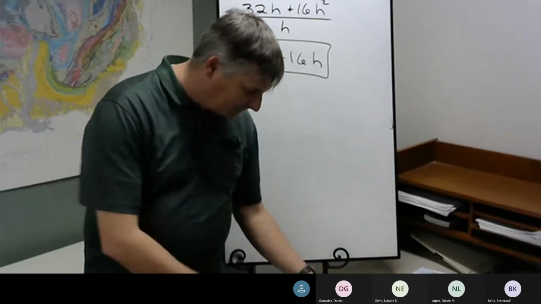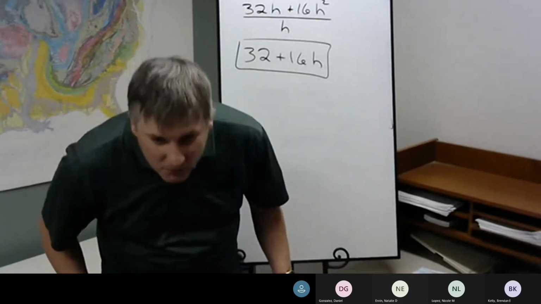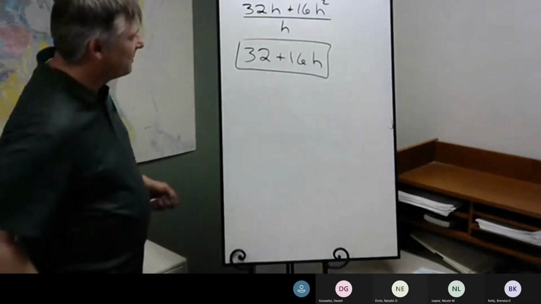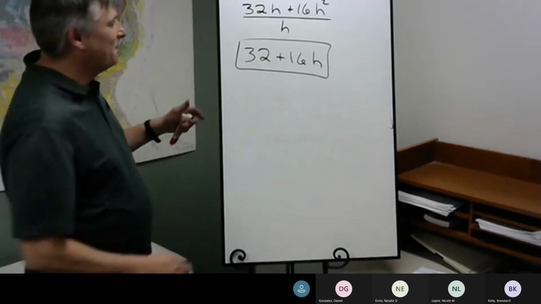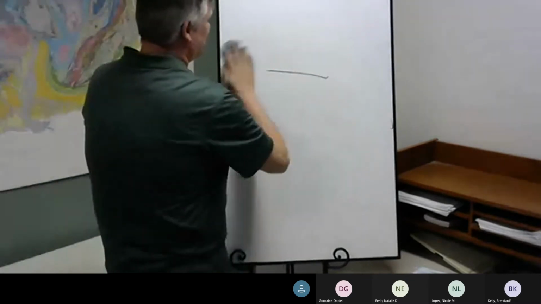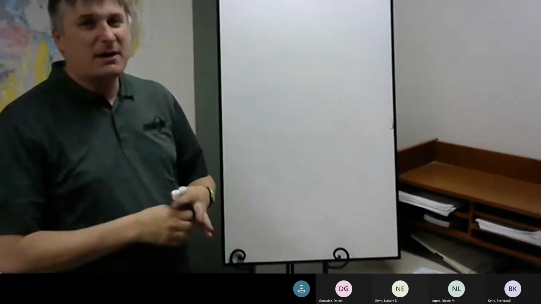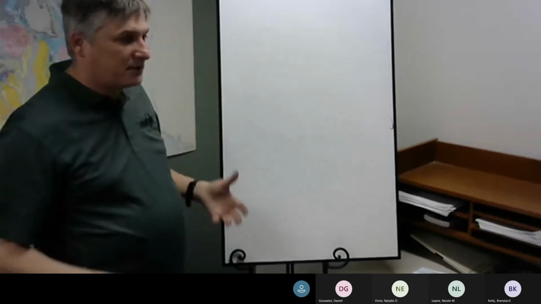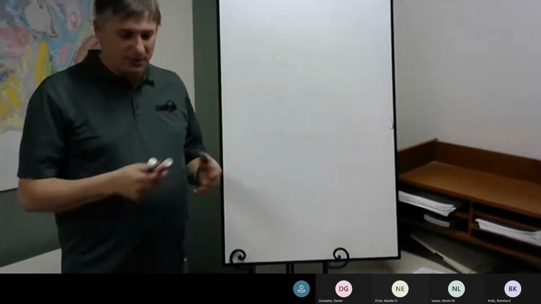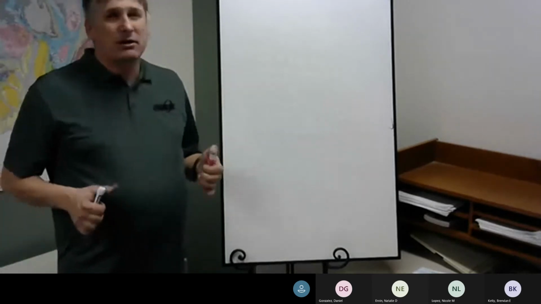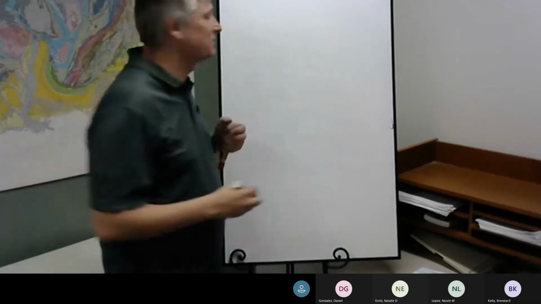So what we want to talk about, we've got 10 minutes still to go. We've talked about these secant lines, and we talked about what's called the average rate or the average speed. Now we want to talk about instantaneous rates.